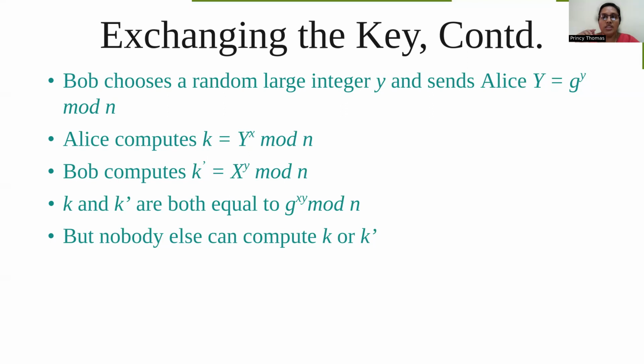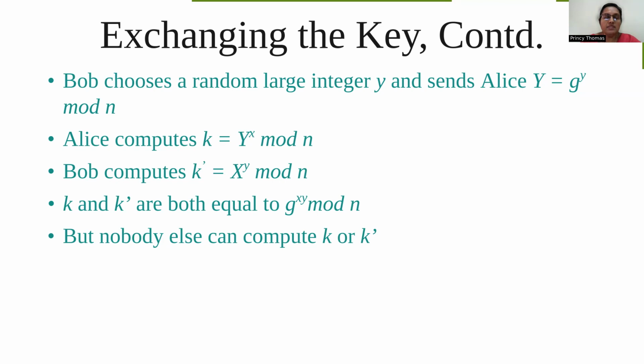Both k and k dash, in essence, are g raised to xy mod n. The same property which gives security for ElGamal is used here also, and now both of them have the session key g raised to xy mod n.